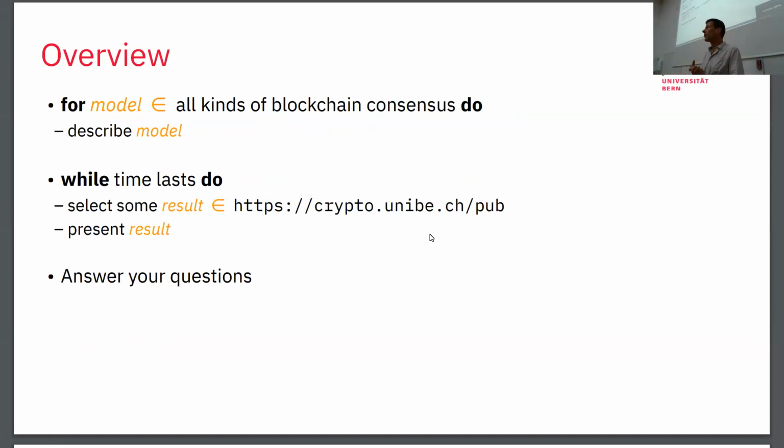And then we can talk about certain results that have come out of the research in my team in Bern now, since I've been at university. While I was at IBM Research, I did things like Hyperledger Fabric in this space, which has become very popular, but I'm not going to talk about this today. And at any time, feel free to ask questions, and certainly at the end, you'll have more time for questions.